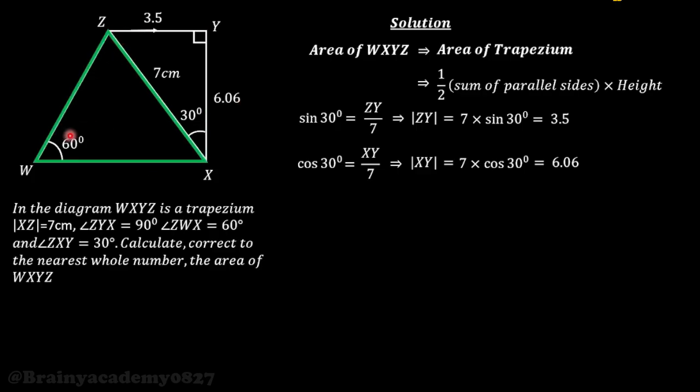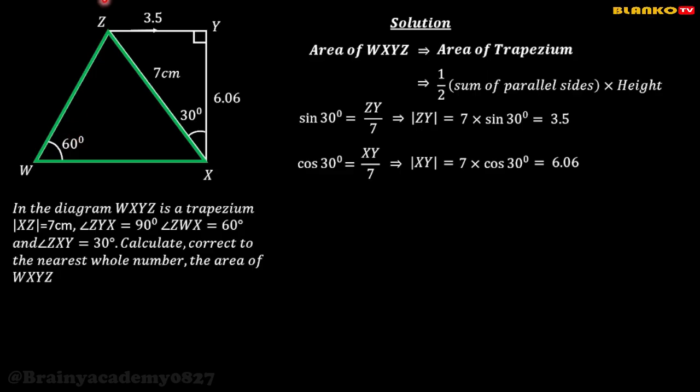So let's consider the triangle ZWX. Angle ZWX is 60 degrees, and we know that the angles in a triangle add up to 180 degrees.